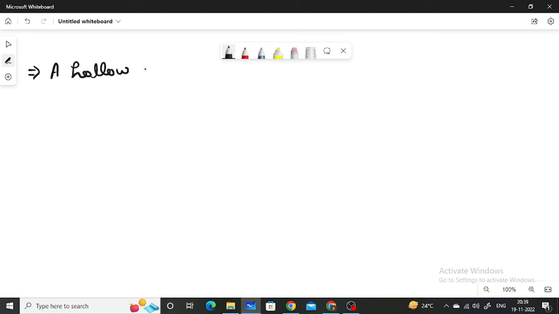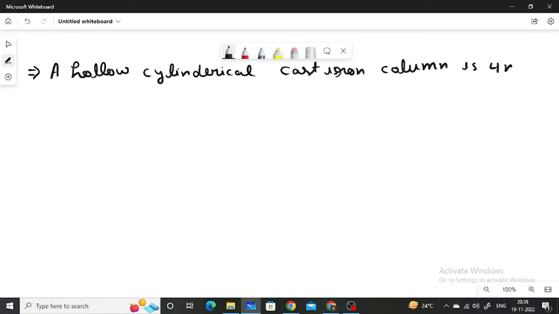A hollow cylindrical cast iron column is 4 meter long with both ends fixed.